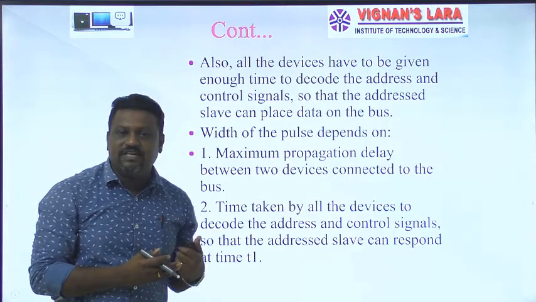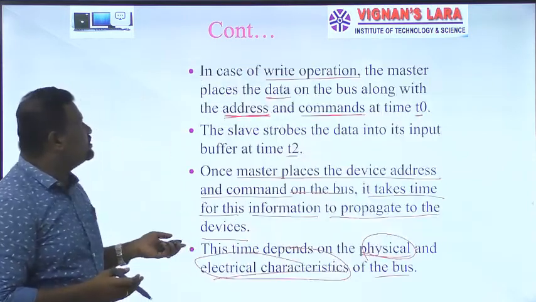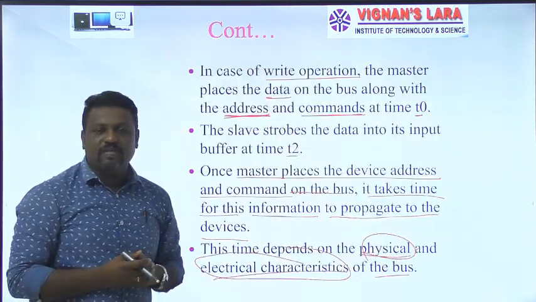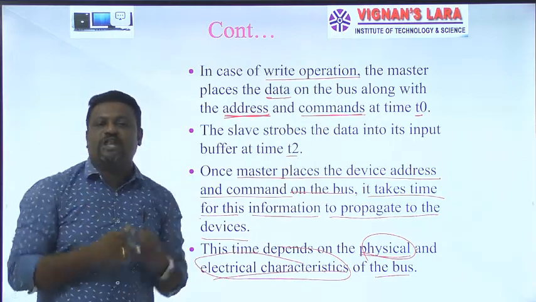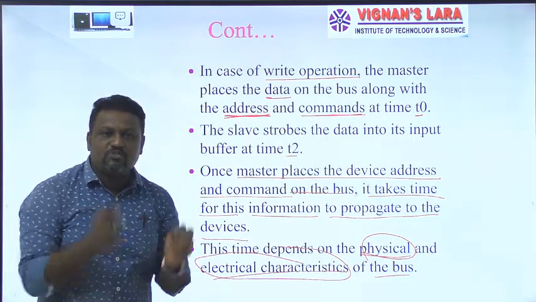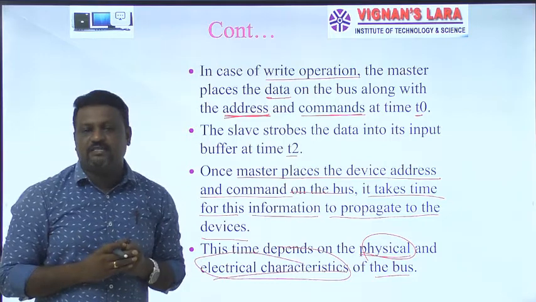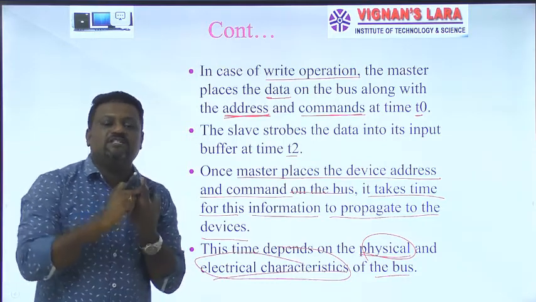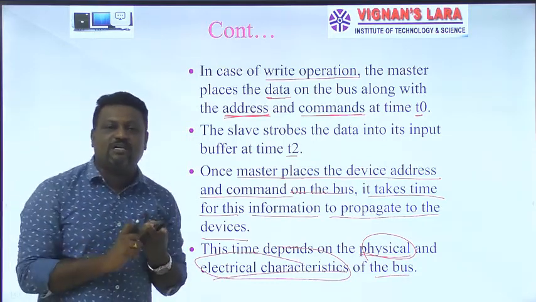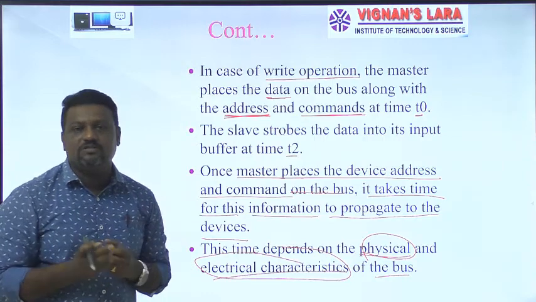But the important thing here is how we are going to perform a read operation. That means a master wants something from a slave. In that case, the master generates the address of a slave as well as the control signal, which is a read control signal.